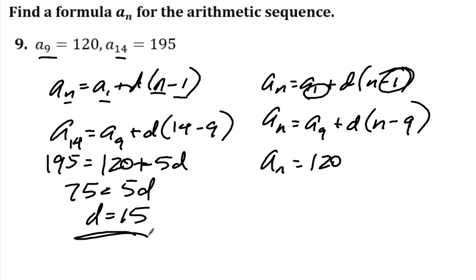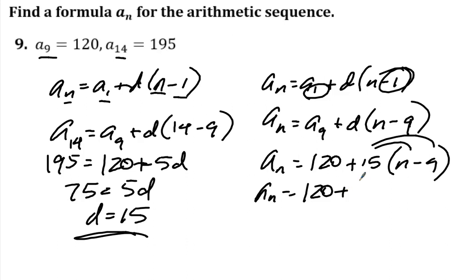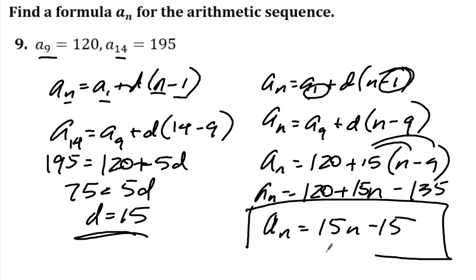Our difference is 15, so plus 15 times n minus 9. We distribute this to each one of these. A sub n equals 120 plus 15n minus 135. And so a sub n equals 15n minus 15.